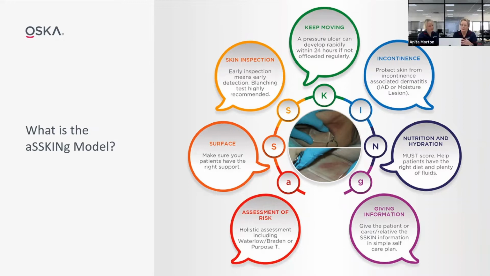Nationally, they're really pushing this model, and ASKING is: assessment of risk, skin inspection, surface, keep moving, looking at incontinence and moisture damage, looking at nutrition and hydration, and giving information. These are the fundamental principles that we would use to care plan for a patient who is at risk or high risk of developing pressure ulcers. So we're going to talk through these one at a time.